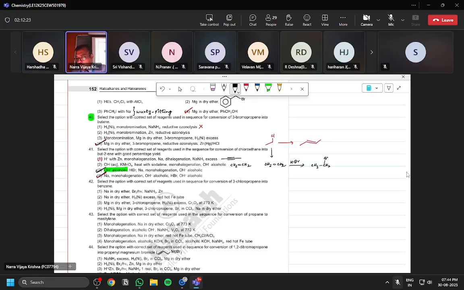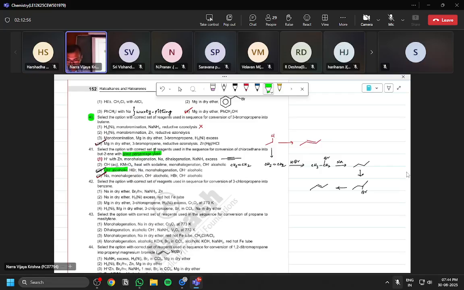Then you are adding sodium in presence of dry ether, butane. After that, monohalogenation means I will get bromine here. Then alcoholic KOH means I will also get the same. So both are suitable answers then. They are asking for good yield.